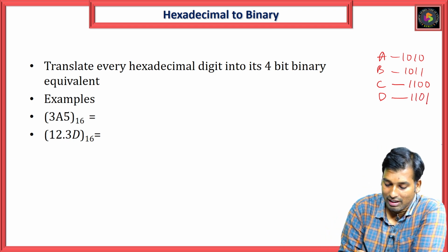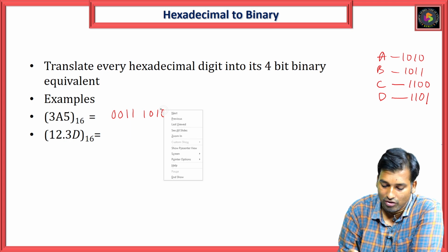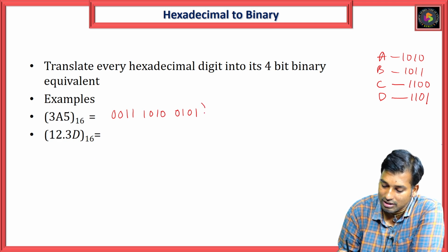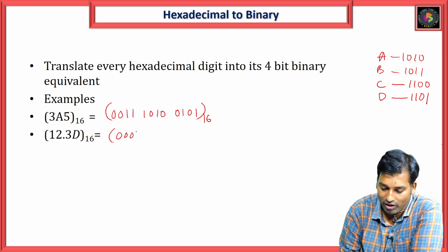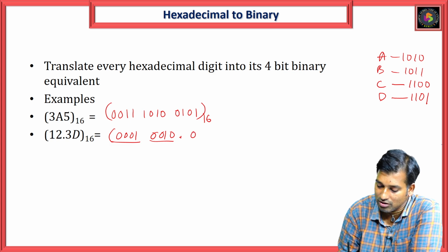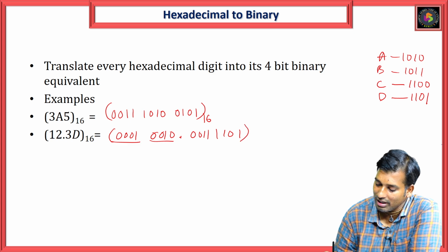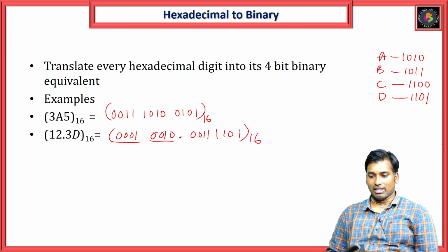So 3 is nothing but 0011, A is nothing but 1010, 5 is nothing but 0101, base 16. Similarly, 1 is nothing but 0001, 2 is nothing but 0010, 3 is nothing but 0011, D is 1101, base 16. This is how we convert the hexadecimal to the binary number system.